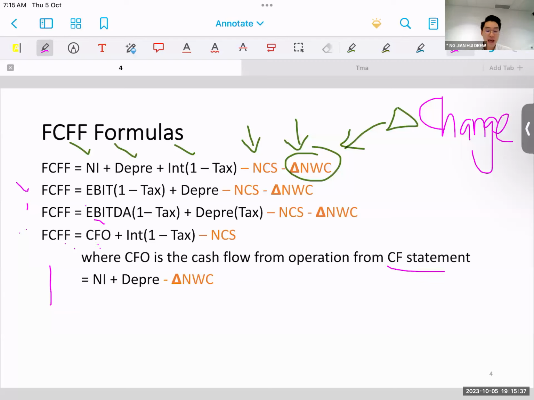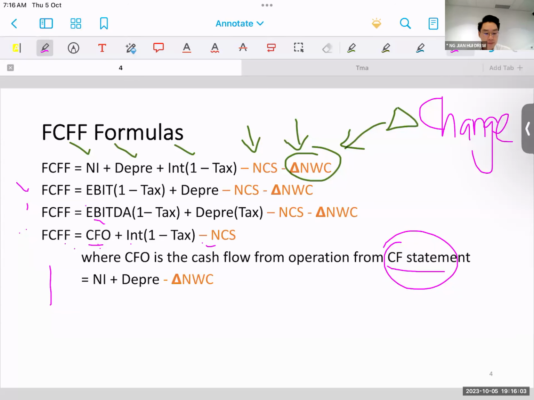But in this FCFF formula, we can actually derive the FCFF using the cash flow from operations from the cash flow statement. So it's CFO, you add back the interest, and then you minus the net capital spent, so capex minus the net capital spent.